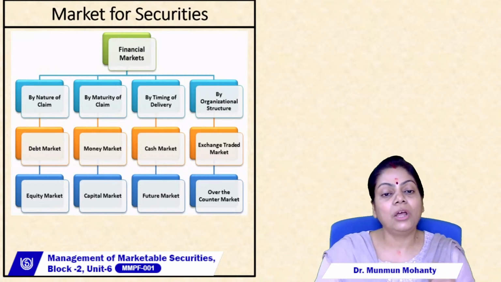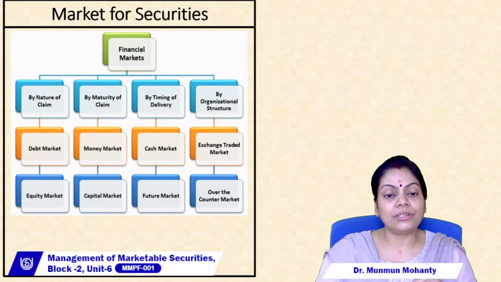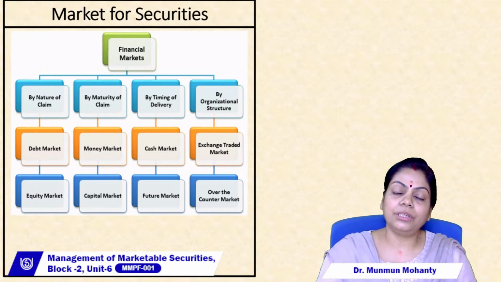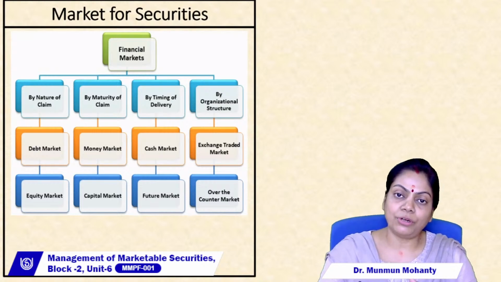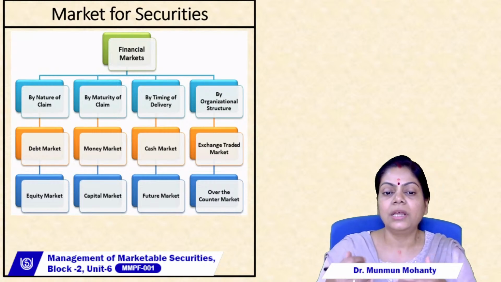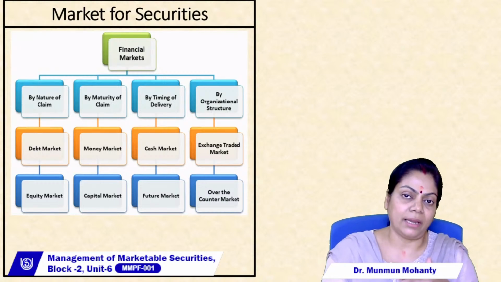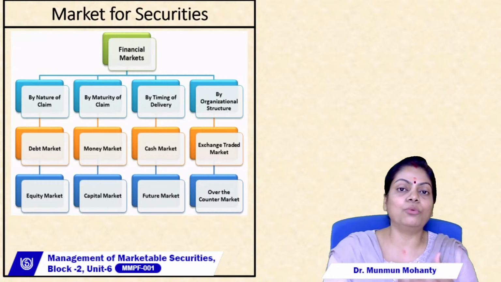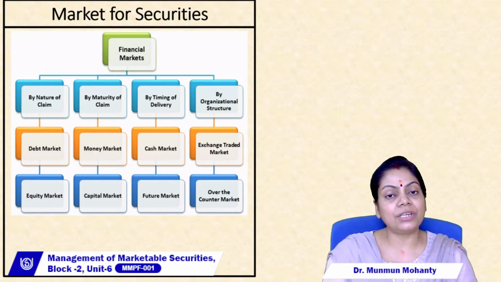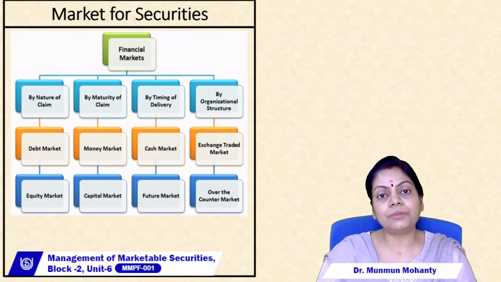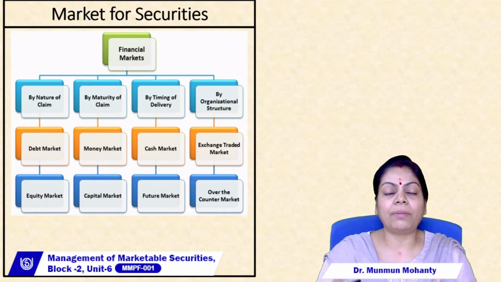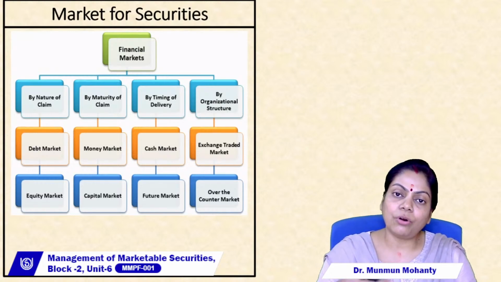Then we talk about the organizational structure. In organizational structure, you can have either the OTC, the over-the-counter market, or the exchange traded market. In the OTC market, it is across the counter, so there is no middleman. In the case of an exchange traded market, the exchange becomes the moderating party, the middle party, through which all transactions happen.